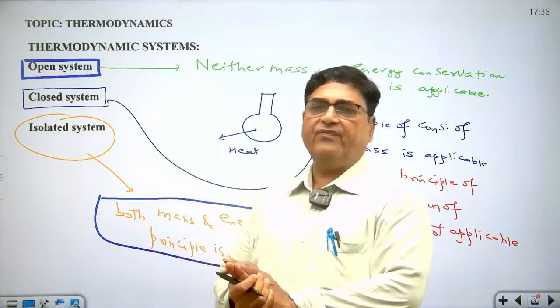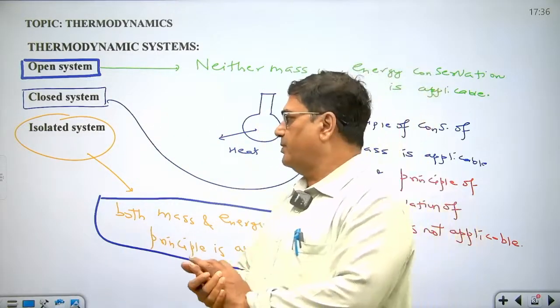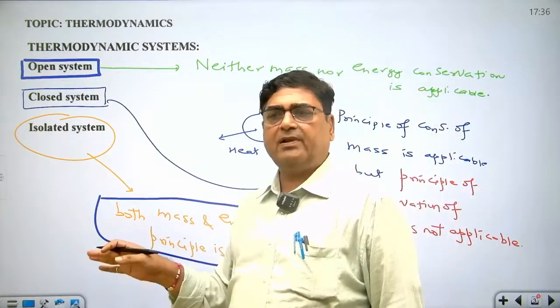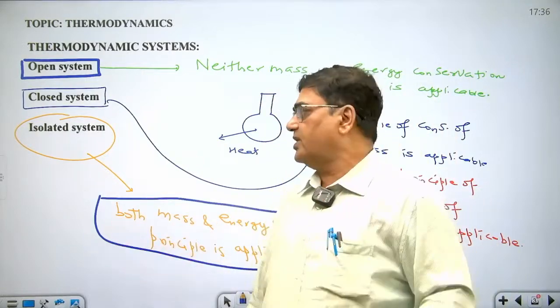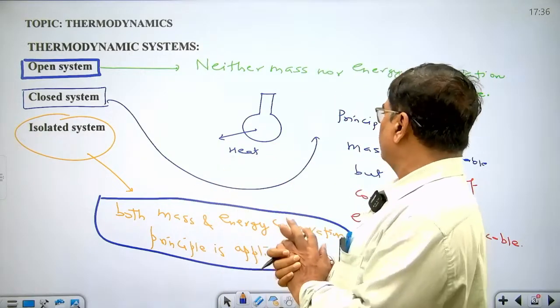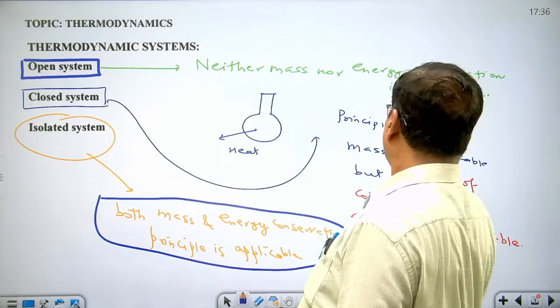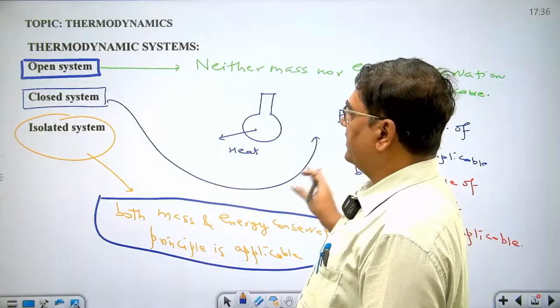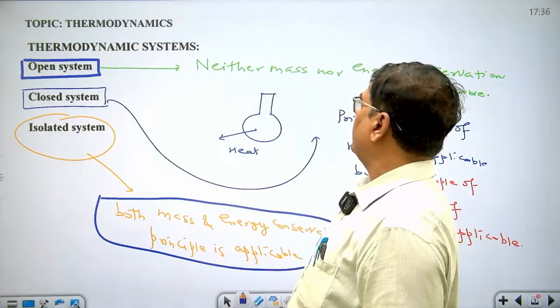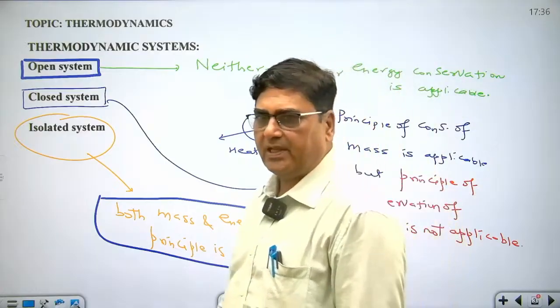These things will become very important while solving numerical problems. Okay. In isolated system, both mass and energy conservation principles are applicable. Mass conservation means mole conservation. Energy conservation means total energy. And in case of closed system, only the mass conservation principle remains applicable, but energy conservation is not applicable. While in case of open system, neither mass nor energy conservation is applicable.